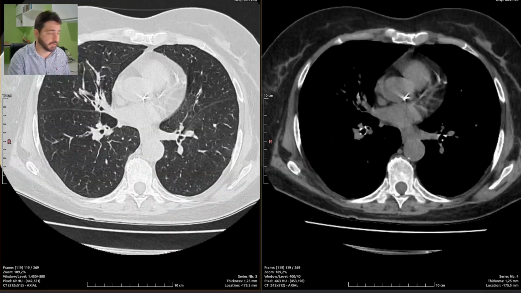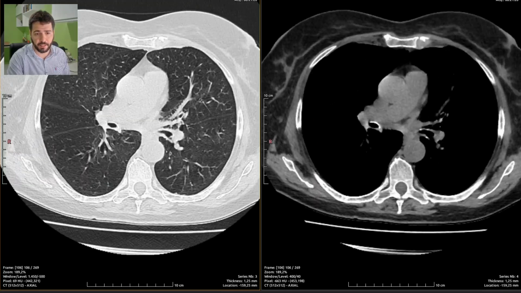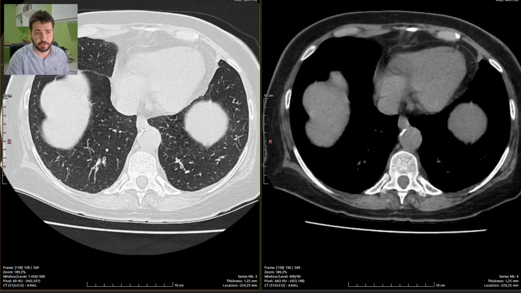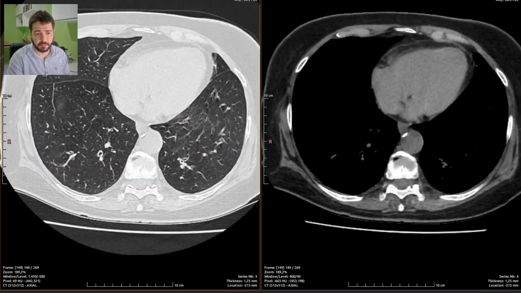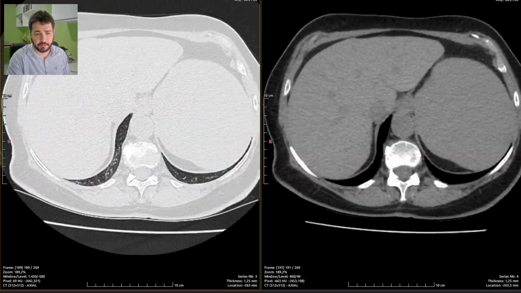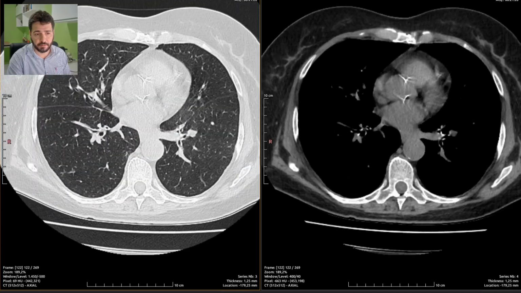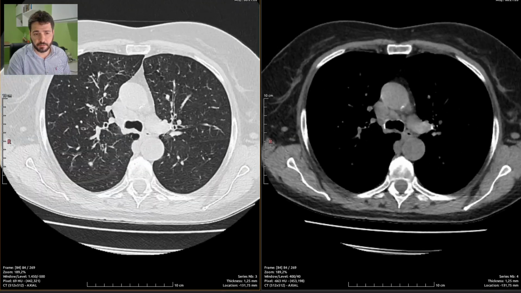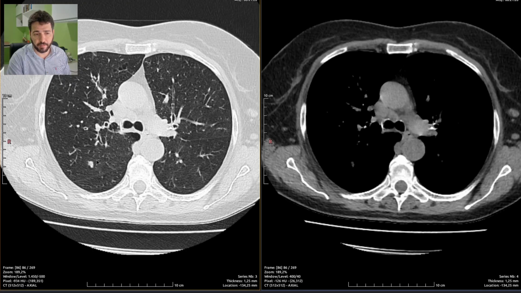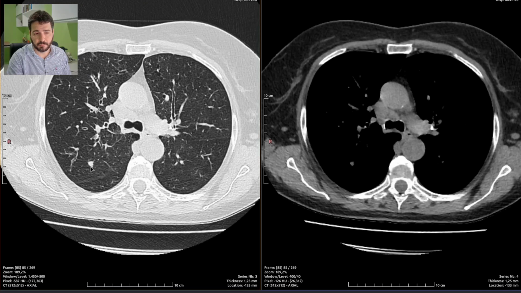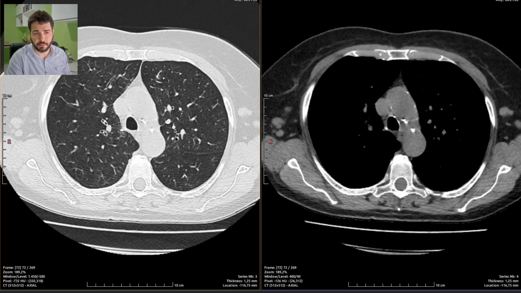She's almost 88 years old. There are no consolidations, just this one irregular nodule, non-calcified, on the posterior segment of the upper right lobe.